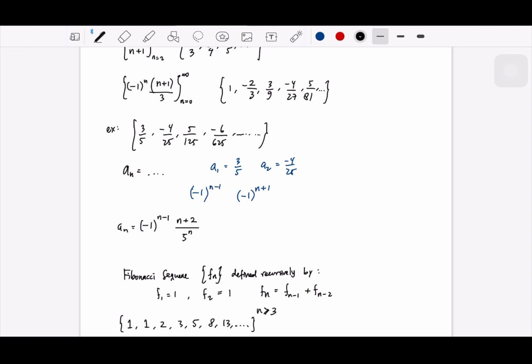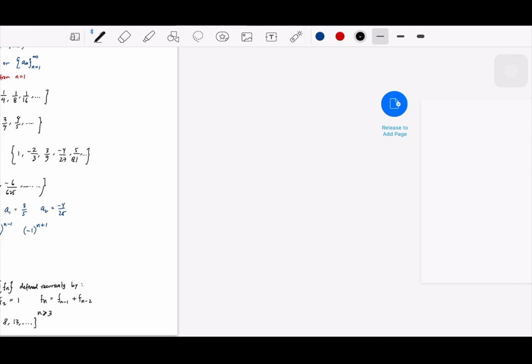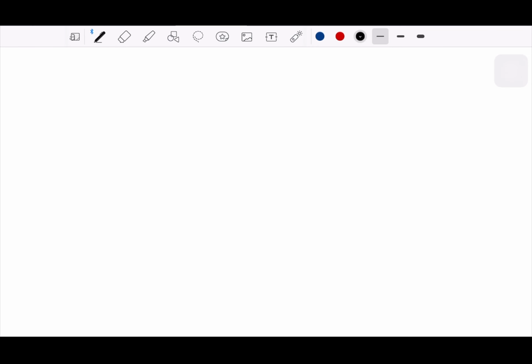Okay, I think we can move a little bit. By looking at the sequence n over n plus 1, if we look one by one, the order starts from half, 2 over 3, 3 over 4, 4 over 5.